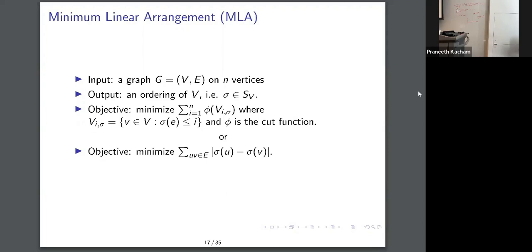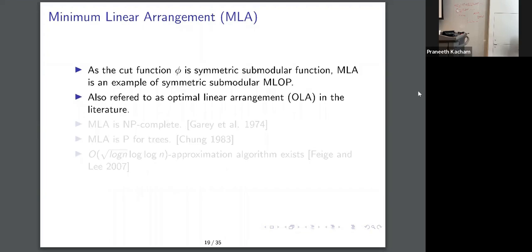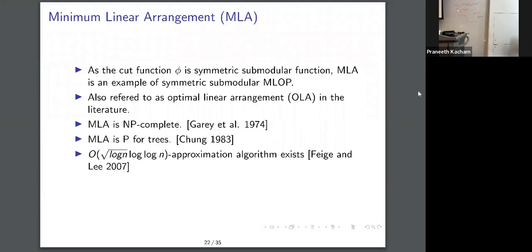We just saw the minimum linear arrangement problem is equivalent to MLOP when f is the cut function. So that problem is also referred to as optimal linear arrangement. It is hard, but polynomial time for trees. And in general, the best approximation is due to Feige and Lee from 2007.